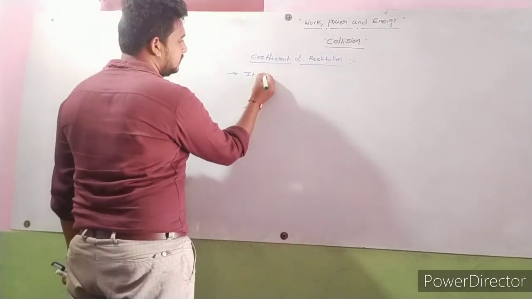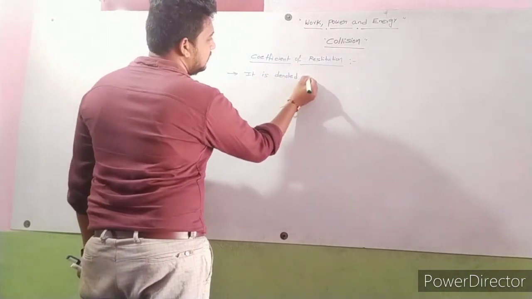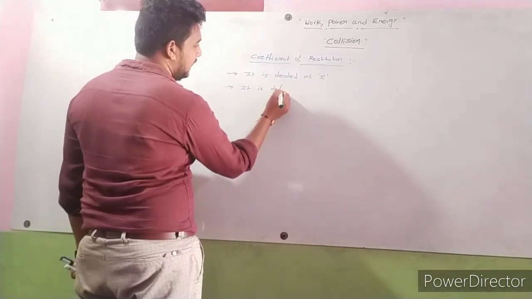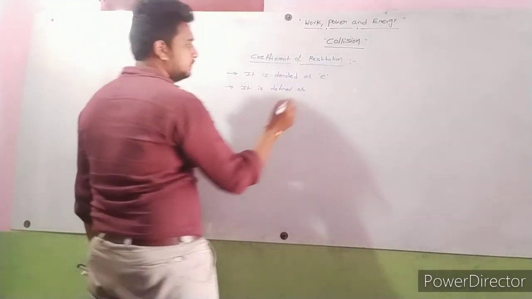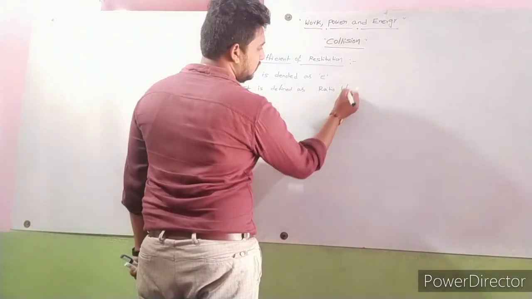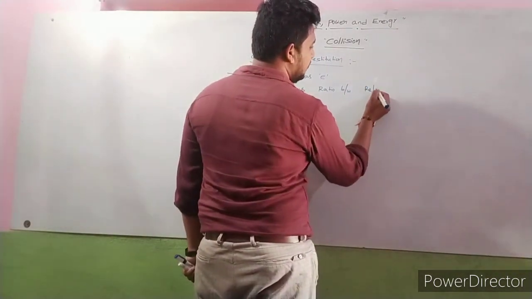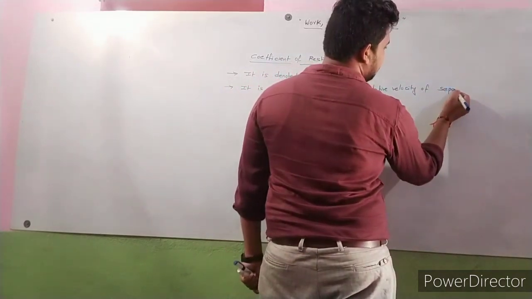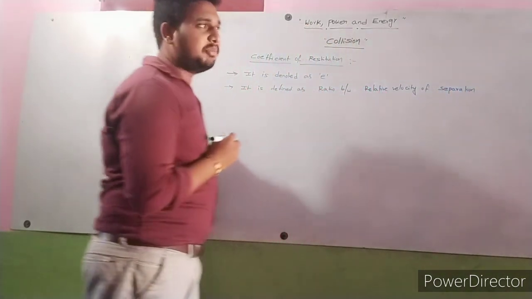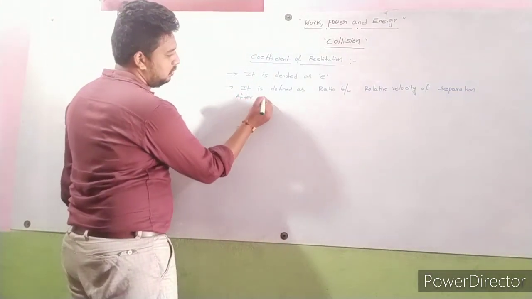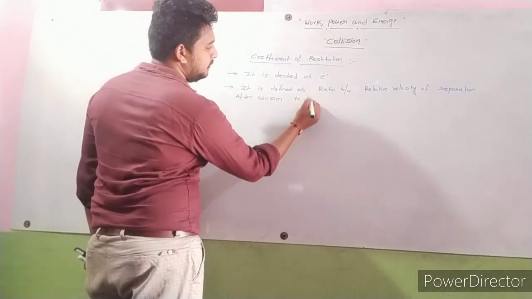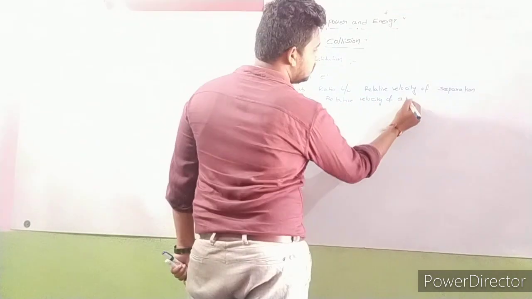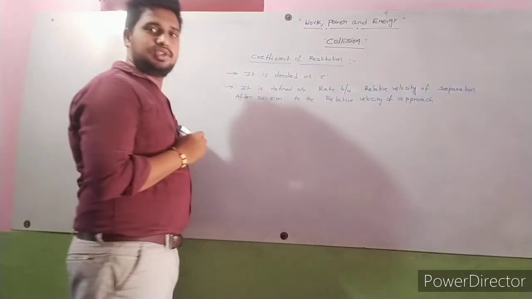It is denoted as E. It is defined as the ratio between the relative velocity of separation after collision to the relative velocity of approach before collision.